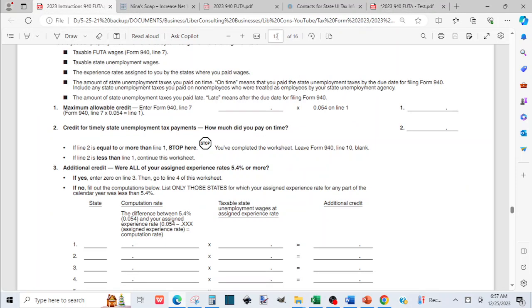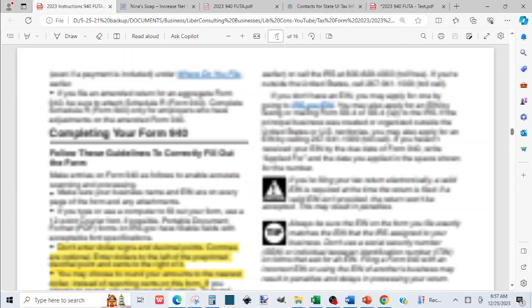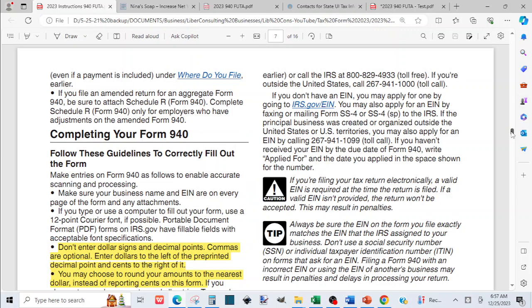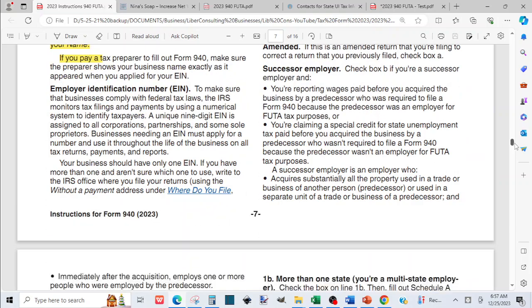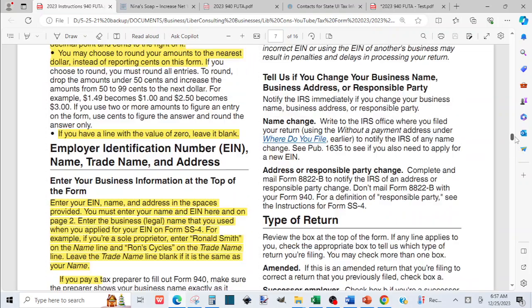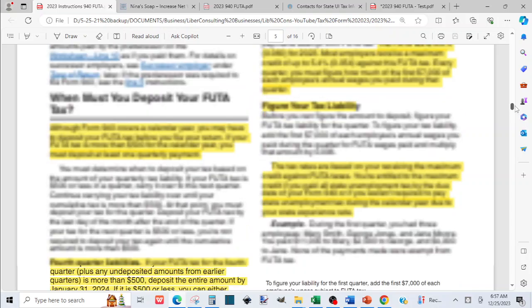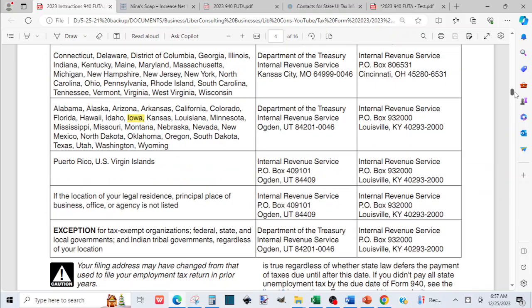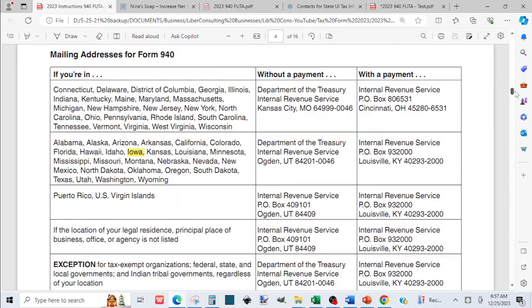So we will go to page 4 of the instructions for 2023 Form 940, page 4, to find the address.